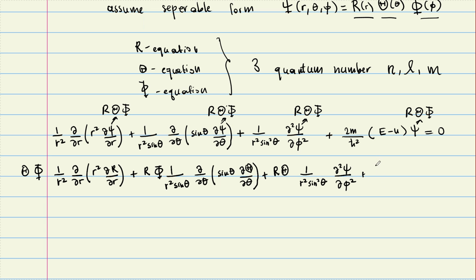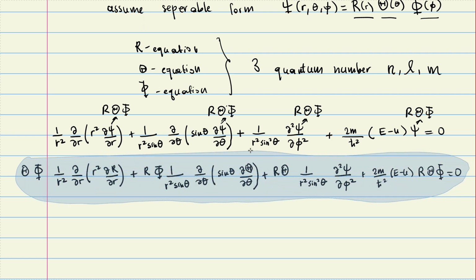phi, and I'm going to have 2m over h bar squared (E minus U) R theta phi is equal to 0. Good. And I'm going to divide the entire equation by R, theta, and phi. This is exactly what we did for the x, y, z Cartesian decoupling.